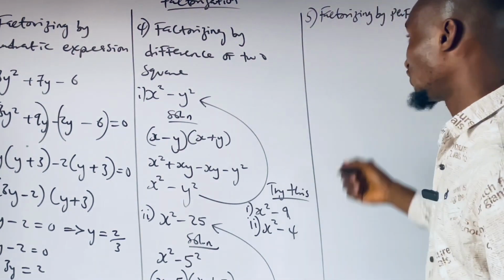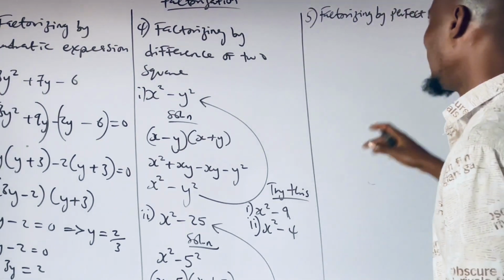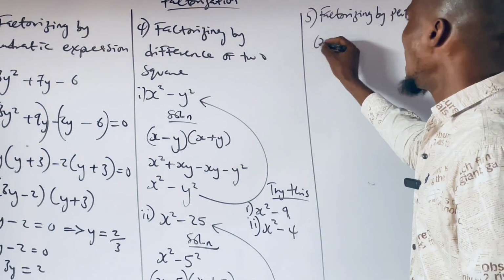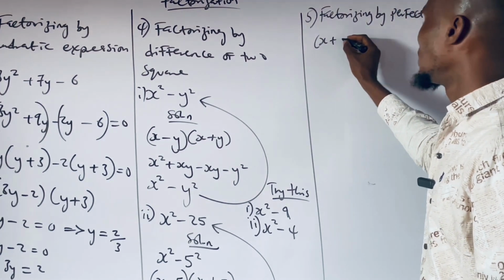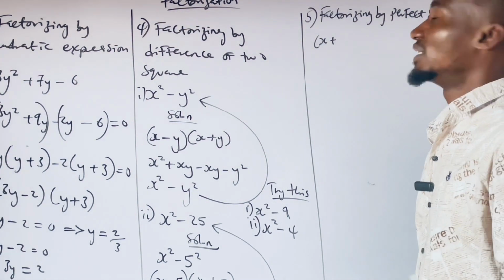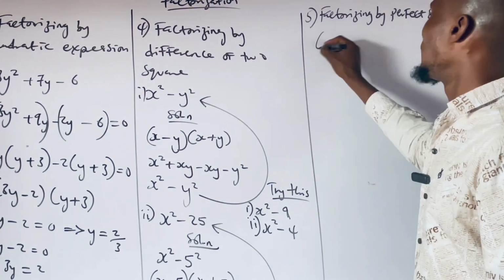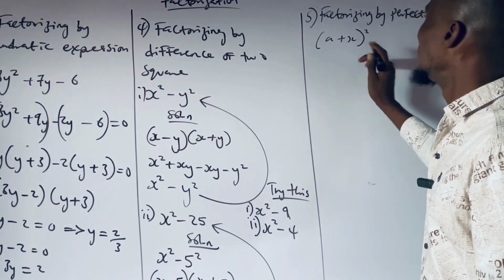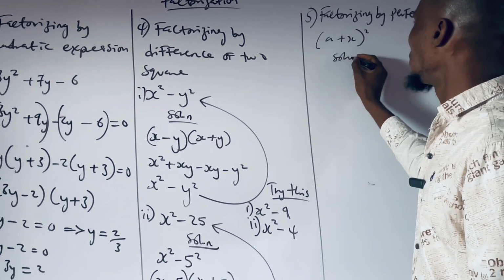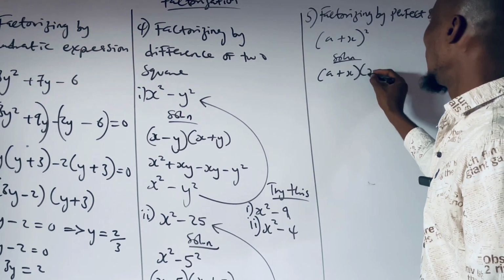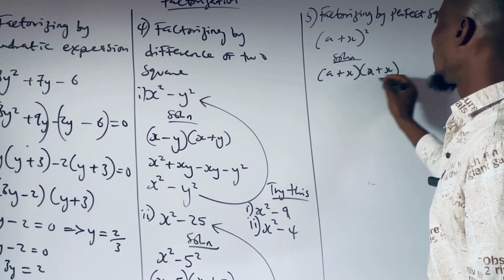Here, first of all, before I dive into this subtopic, I want you to know that a plus x all square will give us a plus x bracket a plus x.